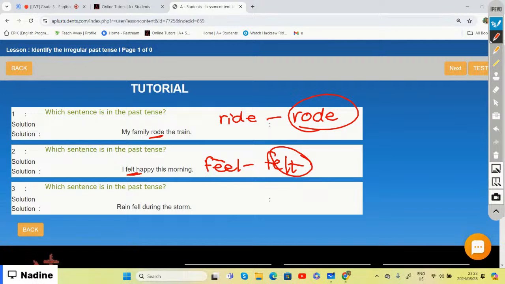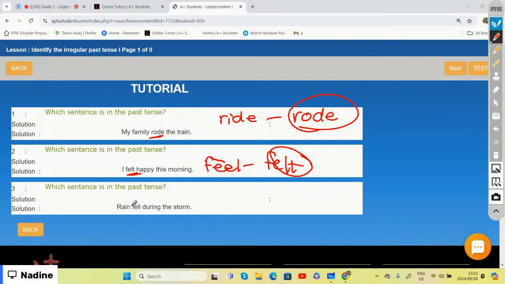All right. And if we look at the next one, it says rain fell during the storm. Yes.